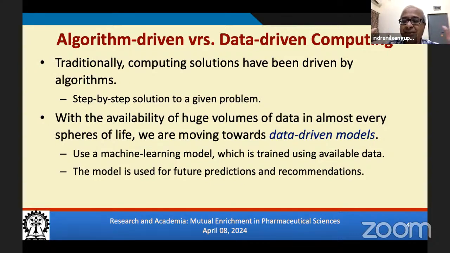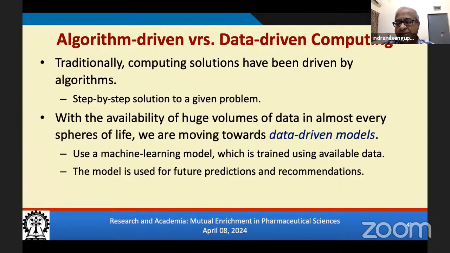There may be millions and millions of sets of data. We use them to train the model. And once the model has been trained, we can say that we have a model which has some intelligence. Now, this model can be used for future predictions and recommendations.